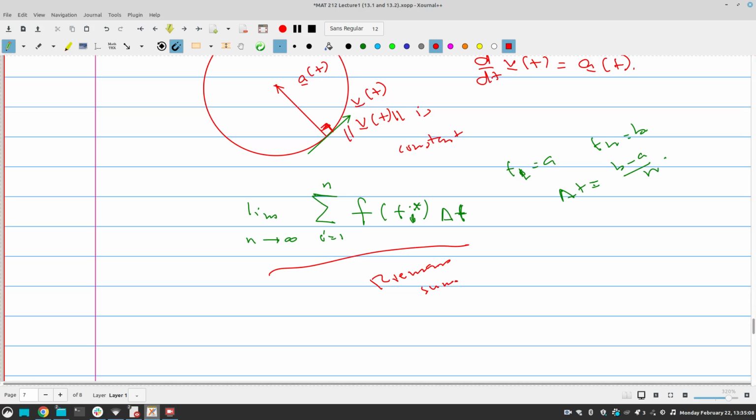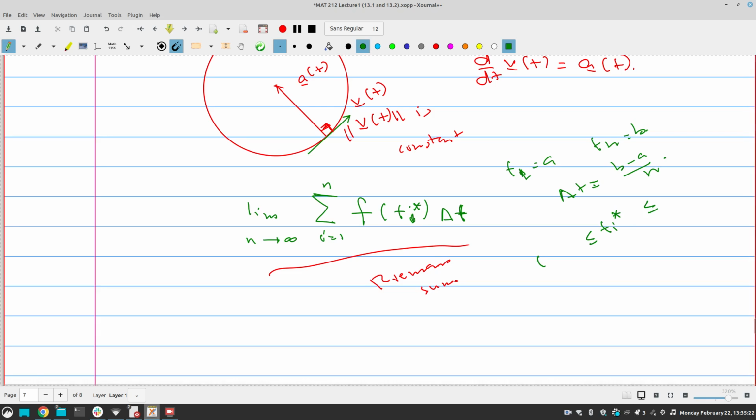Right, and ti star is a representative point, somewhere in between ti minus 1 and ti. So this is a representative point.